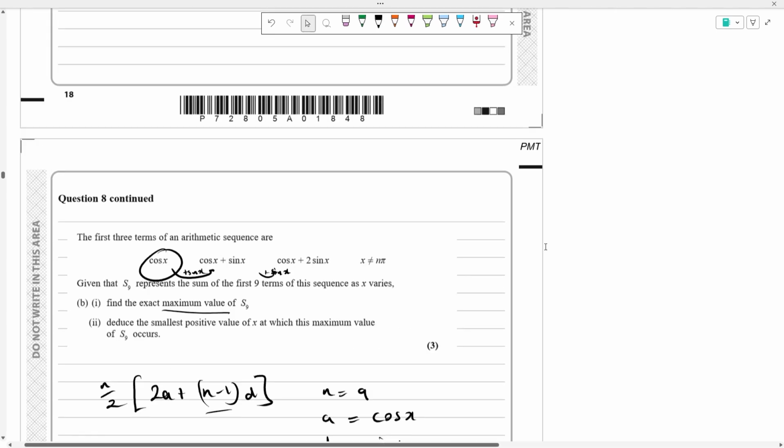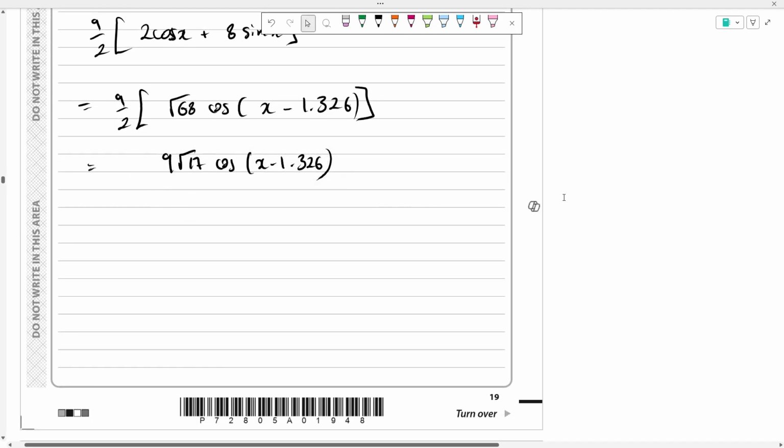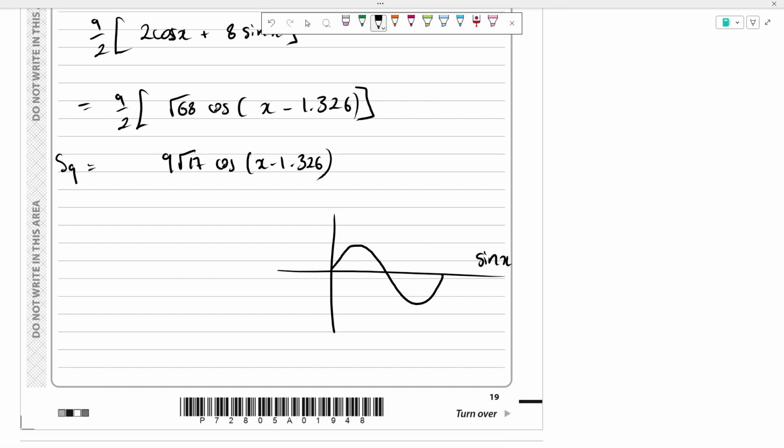Cool, so this gives us 9√17 cos of x minus 1.326. Now the question is asking us what is the maximum value of S9, and this is essentially the value of S9. Whenever you have a trigonometric graph, it has a maximum value here and a minimum value here. Let's say this is a sine x graph. The maximum value of sine is 1, and the minimum value of sine is minus 1. But as soon as I say 3 sine x, your maximum value turns to 3, and your minimum value turns to minus 3.